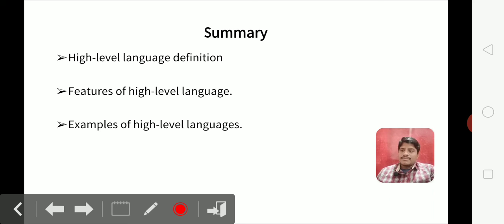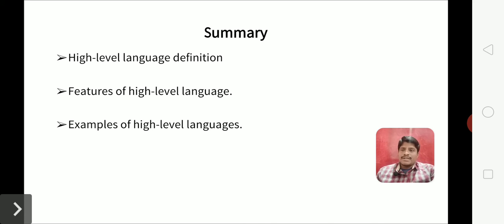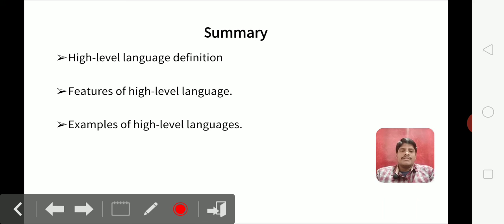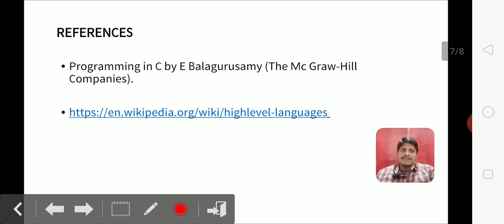So the high level language written in English format is converted into machine level language, zeros and ones, and later performs the task as instructed in your program. These are the things that can be done with high level language.